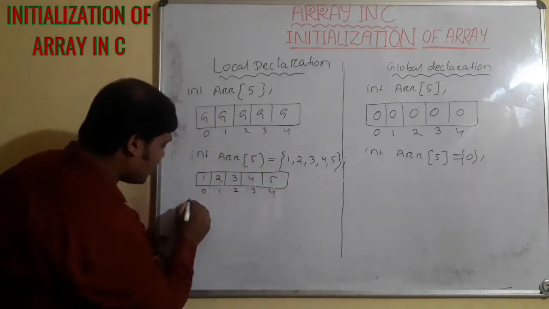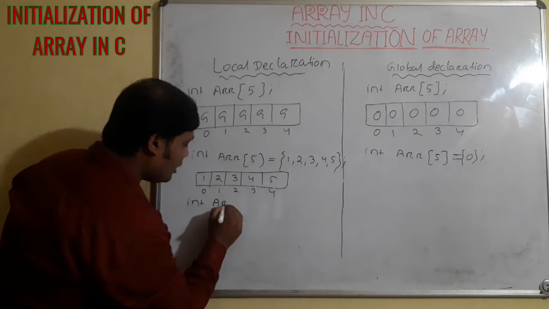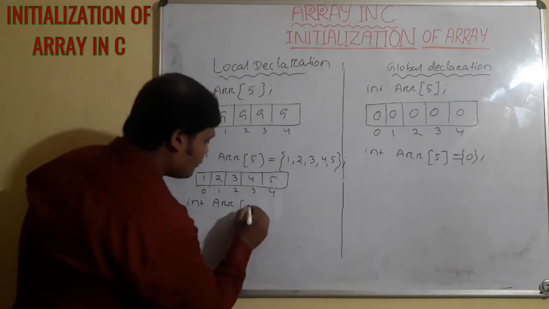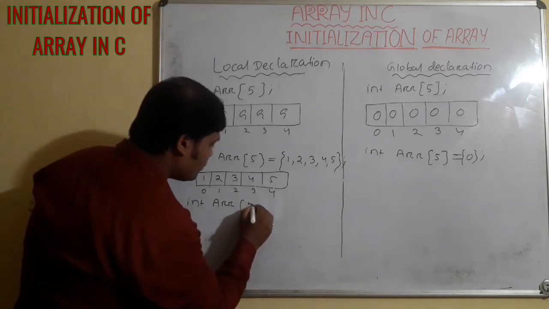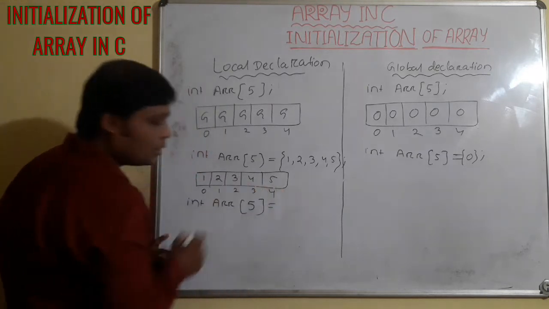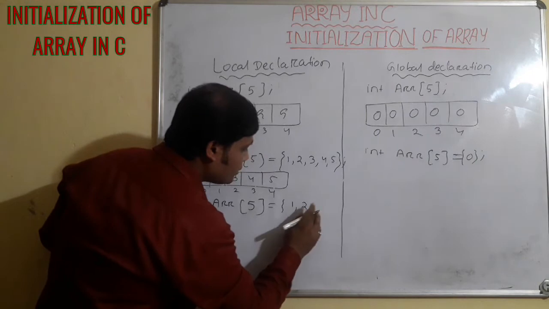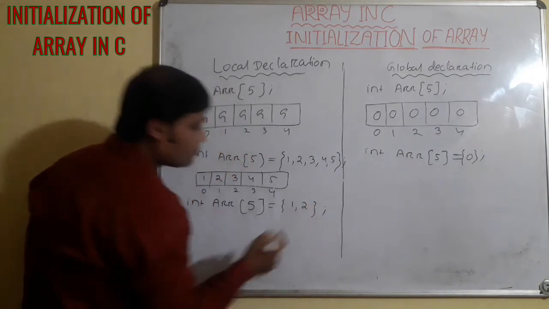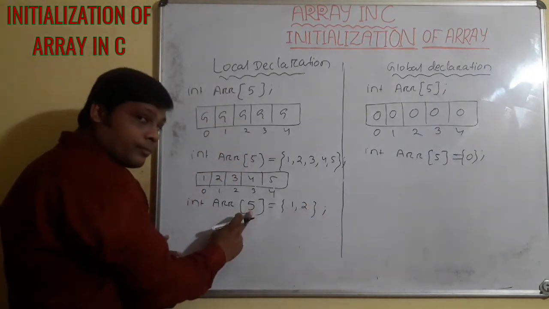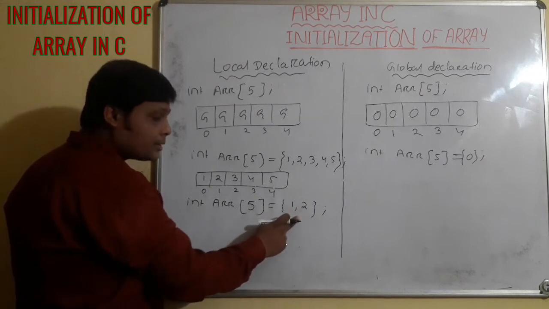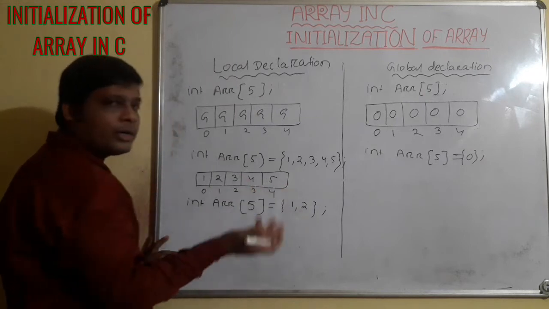But suppose I am giving integer ARR of 5 equal to fewer elements, only 1 and 2. Here the given size is 5, but I am giving only 2 elements. Then what will the rest of the elements be?